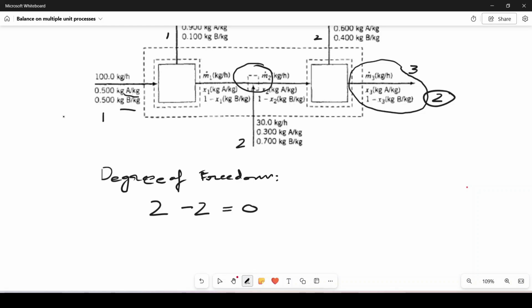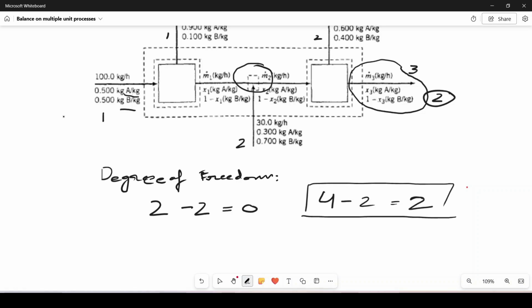So we have 4 unknowns, but we can have only 2 species equations that we can write here. So here we have a degree of freedom 2. So we need at least 2 more pieces of information, or we need 2 more independent equations to solve this particular point.